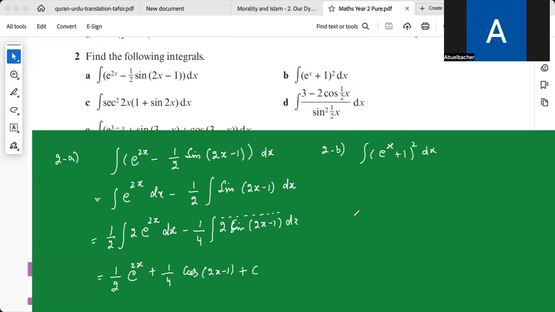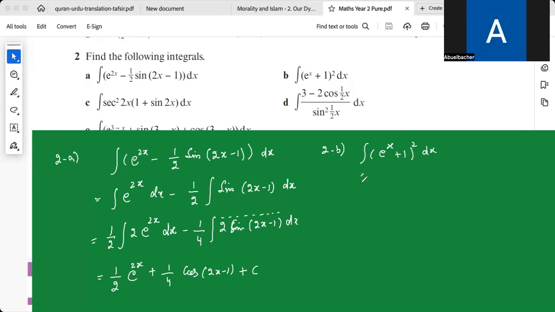Now, here what we can see is that we have a function and it has a power. So we cannot apply the power formula here until we have the derivative of this function next to it, as a factor.